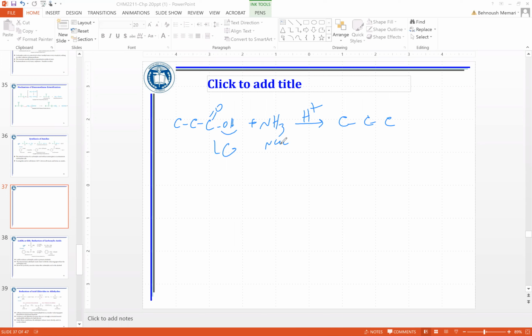It is not a mechanism, it is not written in any books, and it does work all the time: hydrogen from the nucleophile with the leaving group leaves as byproduct.